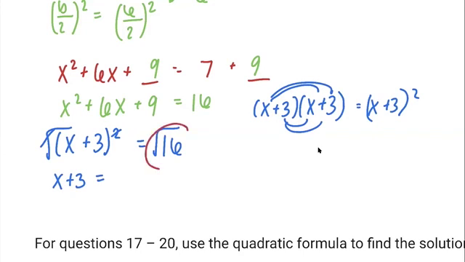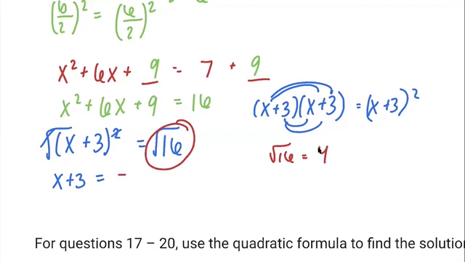If this is something that can be factored, great, you factor it. And if it's not, then you can leave it as this square root value. What I mean by that is when I type in square root of 16, that gives me 4 in the calculator.